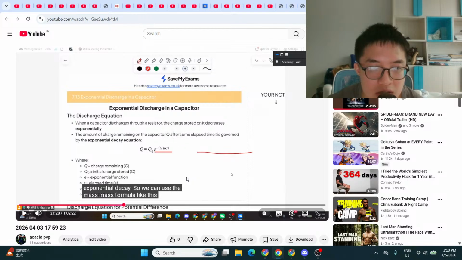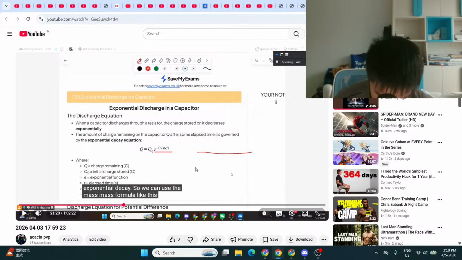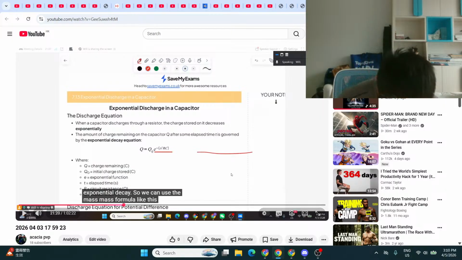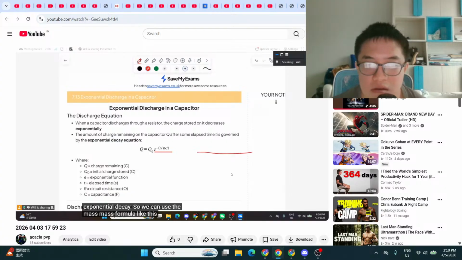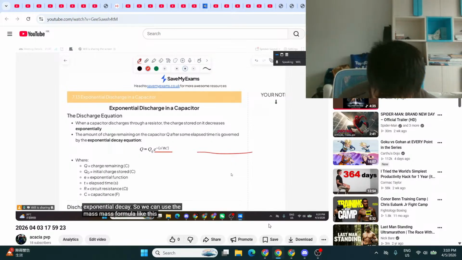The exponential discharge equation: charge equals initial charge value times the exponential function to the power of negative time over RC.